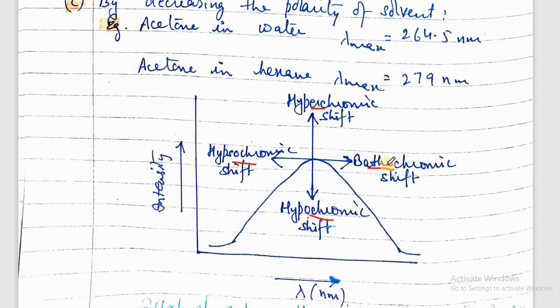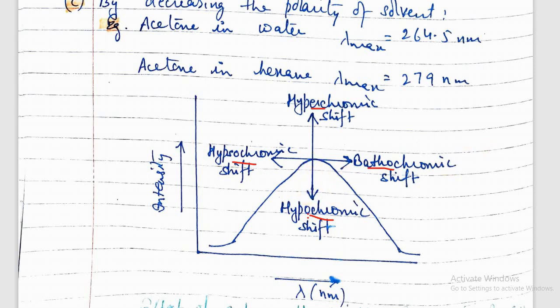We start with bathochromic shift, in which absorption shifts towards longer wavelength. Here wavelength is increasing. Hypsochromic will be towards the shorter wavelength, and hyperchromic is the shift in which wavelength remains the same but intensity of absorption increases, that is, the epsilon value increases. And hypochromic is where the wavelength remains the same but the intensity decreases, meaning the epsilon value decreases.